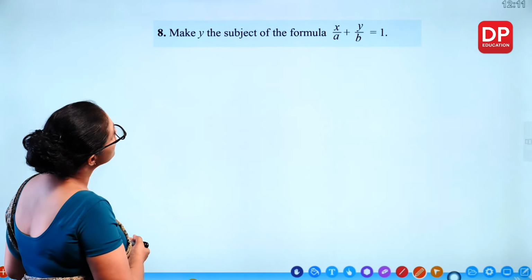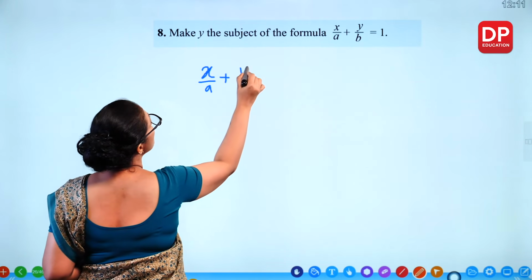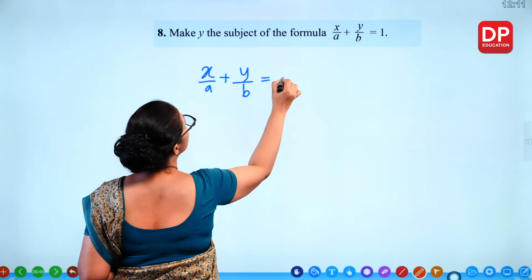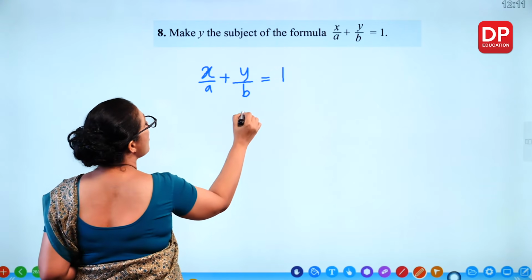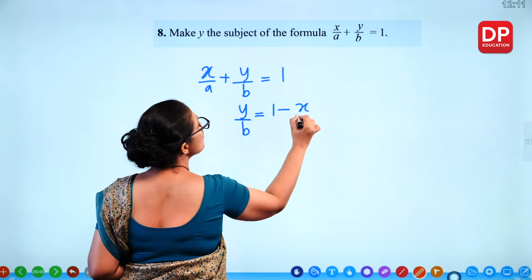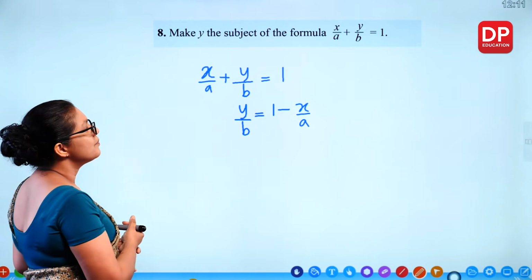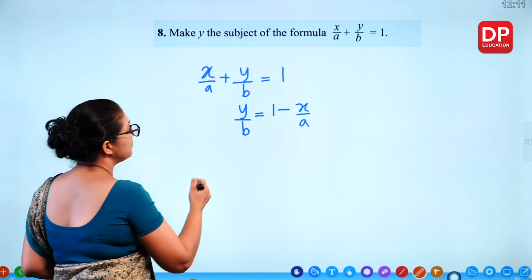Make y the subject of the formula. x over a plus y over b equals 1. So you need to keep this term on one side. So y over b is 1 minus x over a. Now you need to multiply this by b.